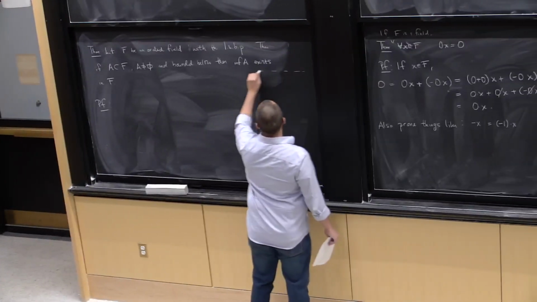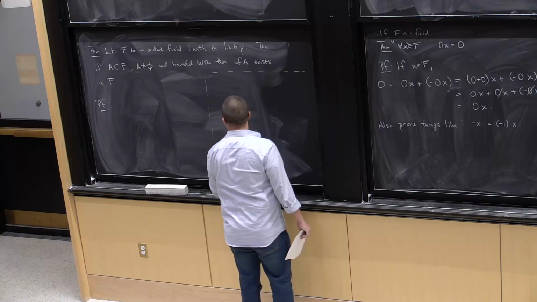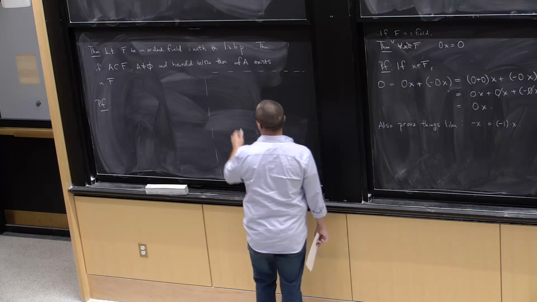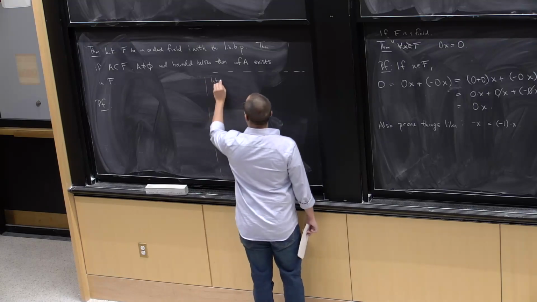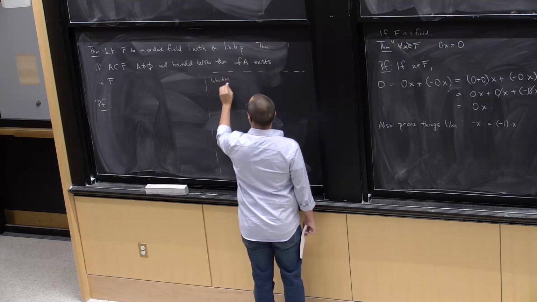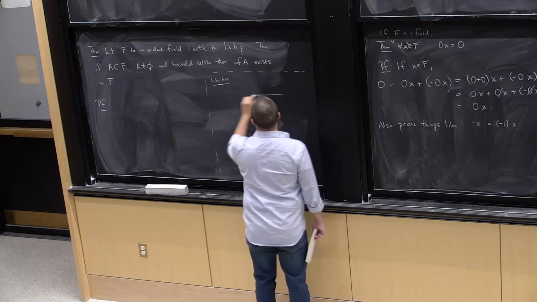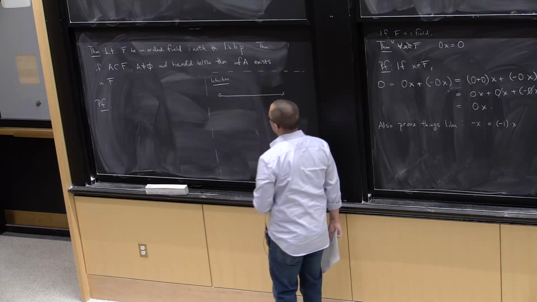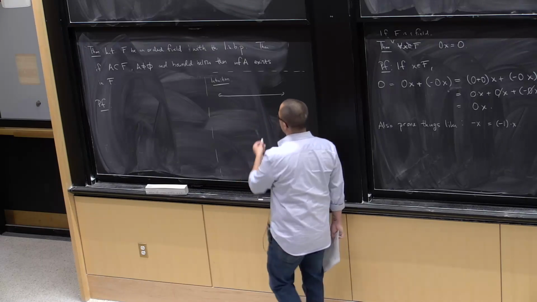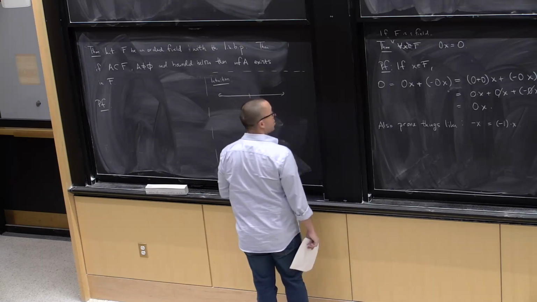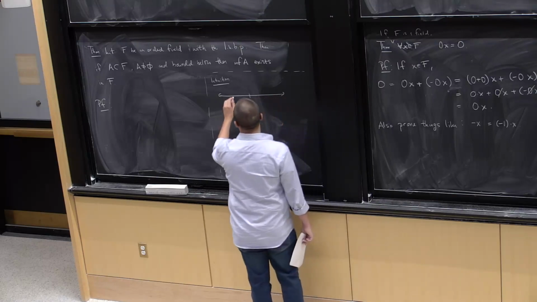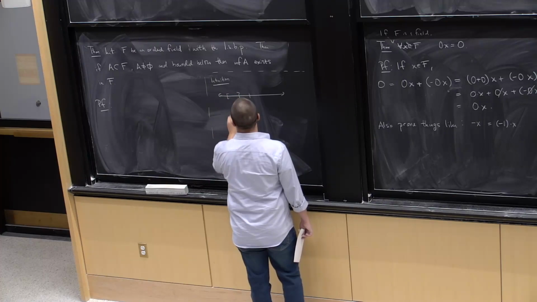So let me write over here. This should not be part of the proof, but some intuition. And I'll draw it like F is the real number line, which it is, because part of the statement about the real numbers is that it's the unique ordered field with the least upper bound property, but don't worry about that for now.